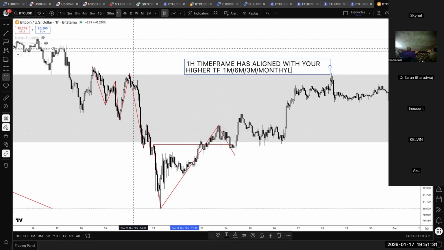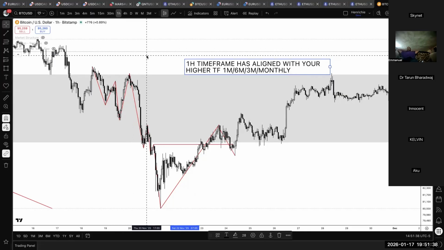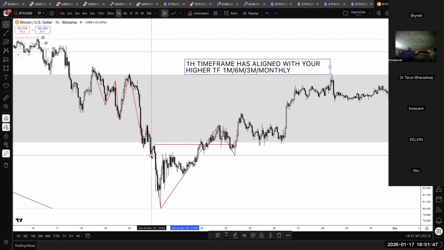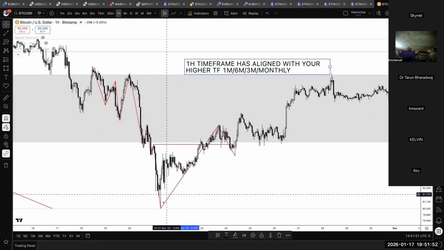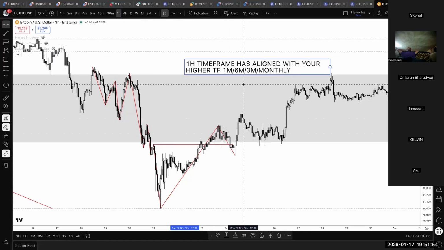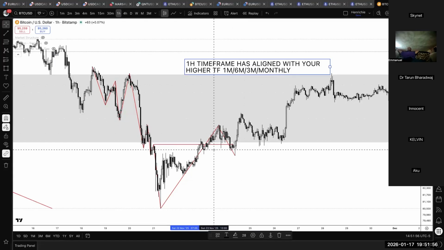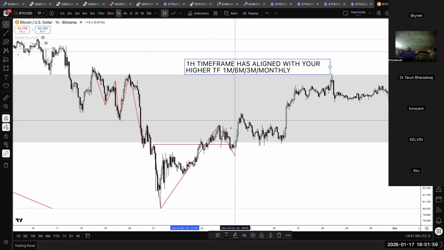You can now say that this time frame, 1 hour, has aligned with the higher time frame, which is the long-term market direction. The higher time frame is showing you the long-term market direction, which is bullish. So once you're seeing on the lower time frame, price has tapped a point of interest and it's now reacting and going towards the trend. You focus on buys. Buy, buy, buy. That is all you want to do.